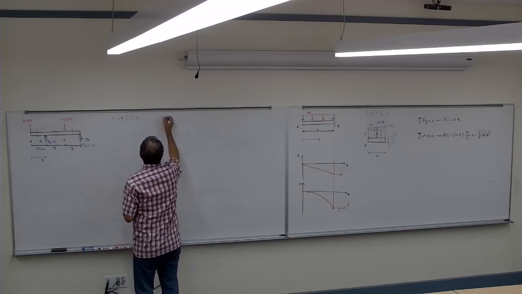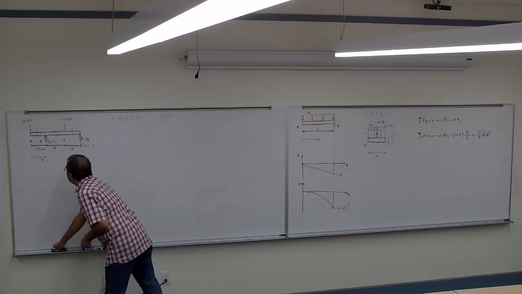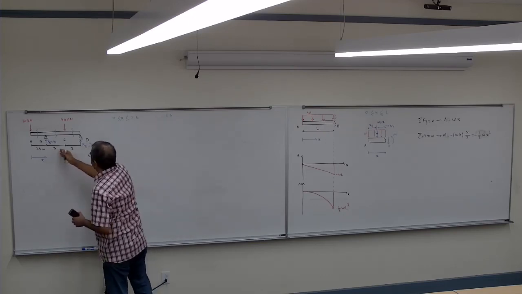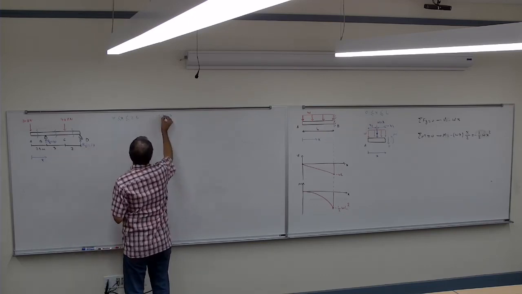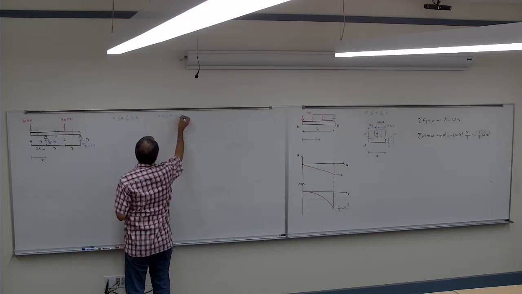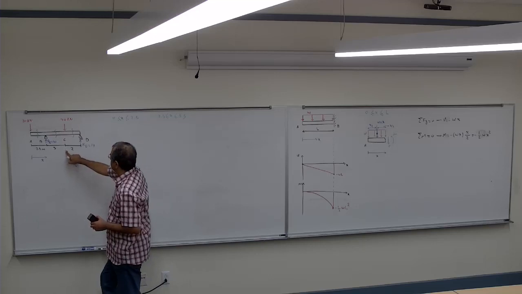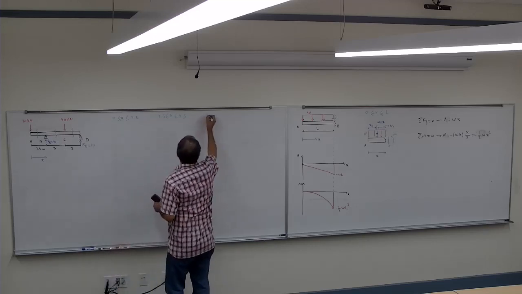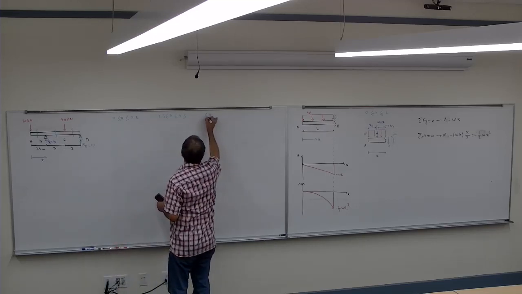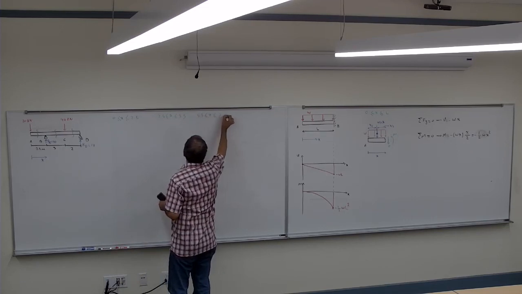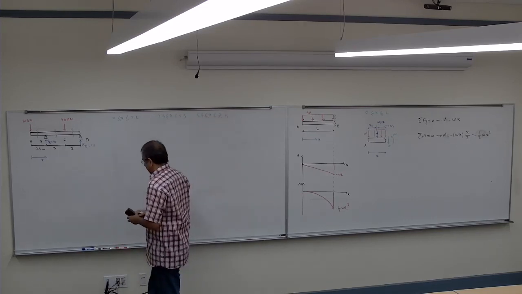The second section would be X between 2.5 and 5.5, and then it would be the X between 5.5 and 7.5. So I have to cut it in 3 sections.